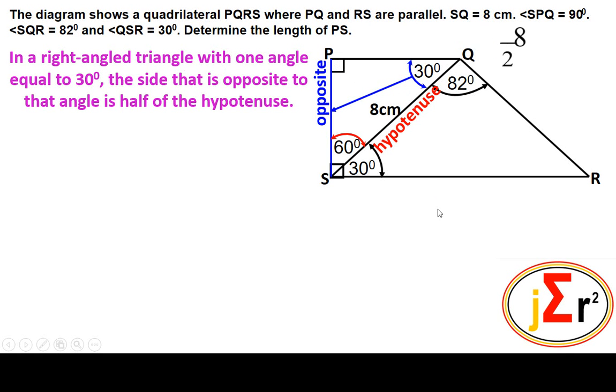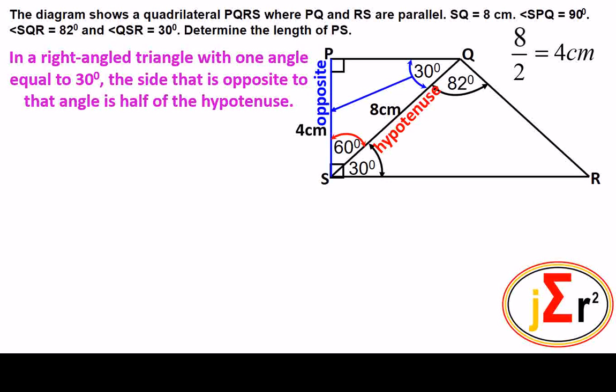Any side opposite to the 30 degrees angle in a right-angled triangle, its length is half of the hypotenuse. In this case, the hypotenuse is 8 centimeters. Half of 8 is equal to 4. Therefore, the length of that side, PS, which is opposite to the 30 degrees angle, is 4 centimeters.